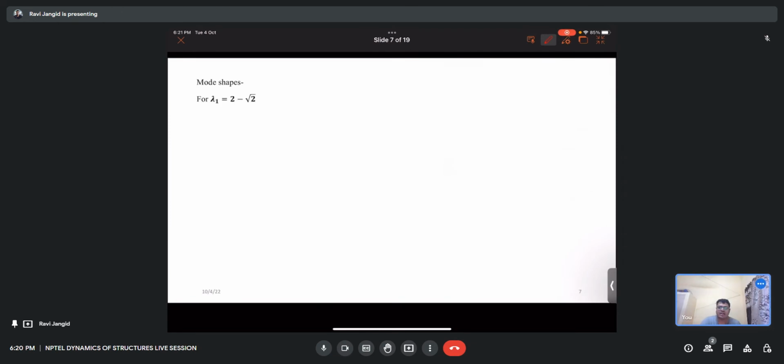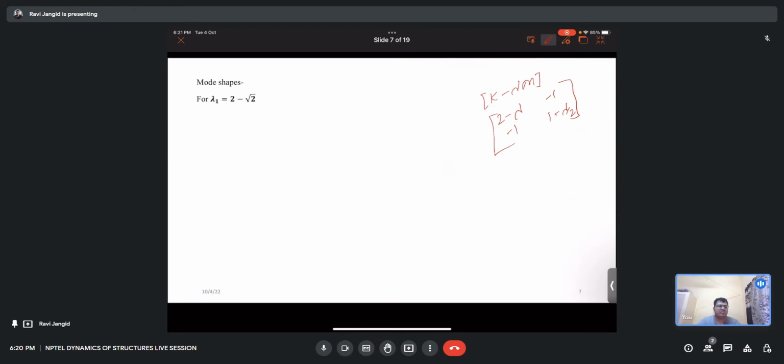So for the first mode, lambda 1 is equal to 2 minus square root 2. So what was the matrix? K minus lambda m, that was 2 minus lambda, minus 1, minus 1, 1 minus lambda by 2.